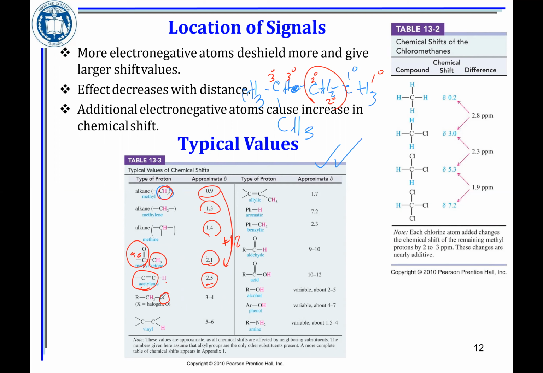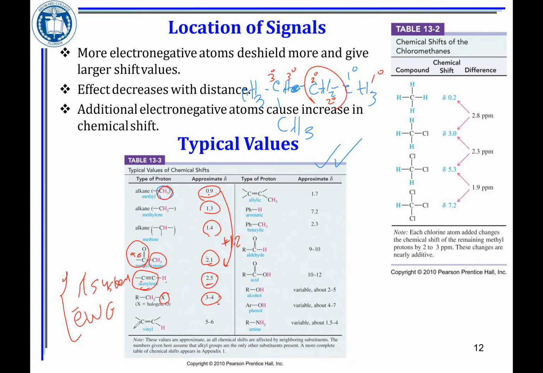So this is the pi system, and you have the electron withdrawing group. Both of them have a deshielding effect. If you have one halogen attached to it, instead of showing a peak at 0.9 or 1, it's showing between 3 and 4.